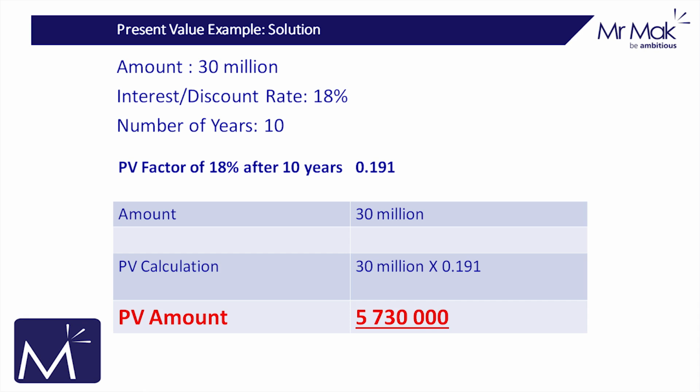If we multiply the amount of 30 million by the PV factor of 0.191, it tells us that 30 million, which is due 10 years from now, if the discount rate to be applied is 18%, in today's money is only worth 5,730,000. That's how the present value is calculated.